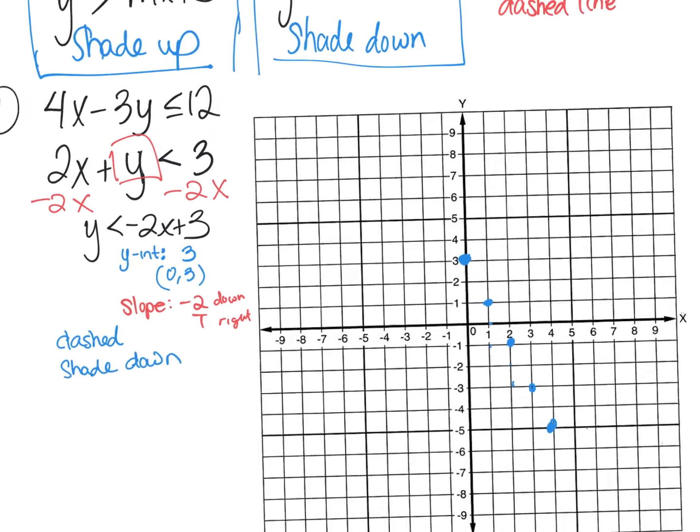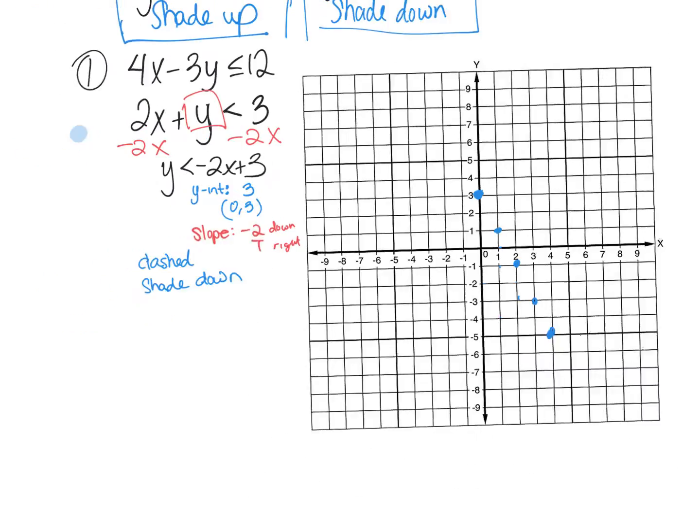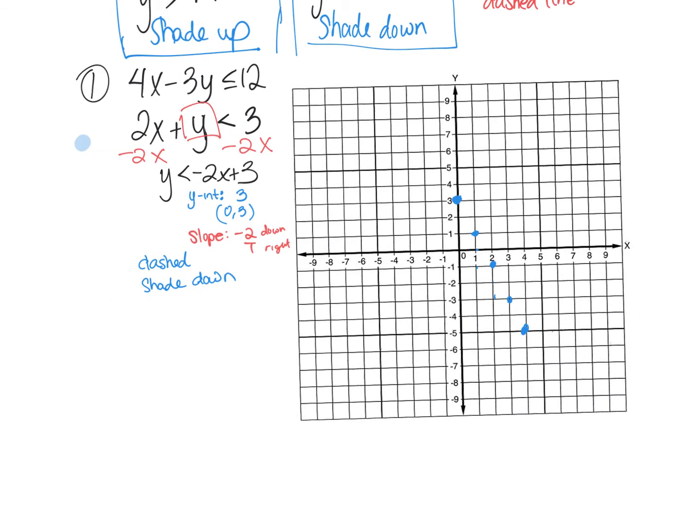Okay, so let me keep it all on your screen there. I'm going to connect this. The dashed line. So I have a dashed line and I am shading down.